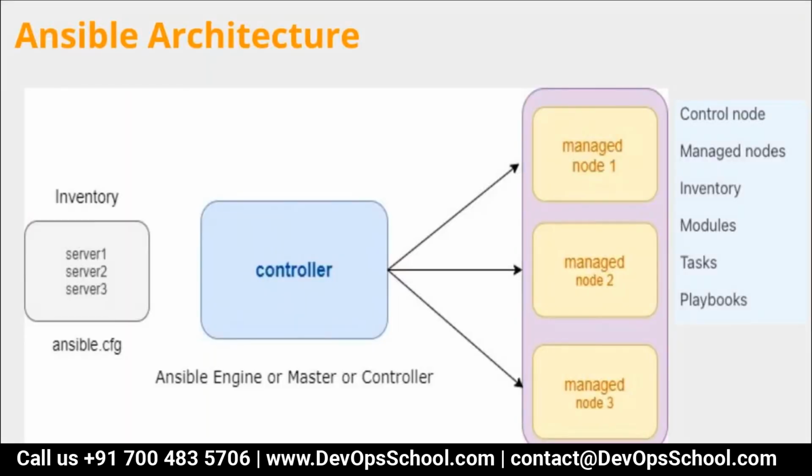So here I want to explain how the actual Ansible architecture works. You have the Ansible controller. You can call it an engine, controller or master. We'll stick with master and slaves, or managed nodes.